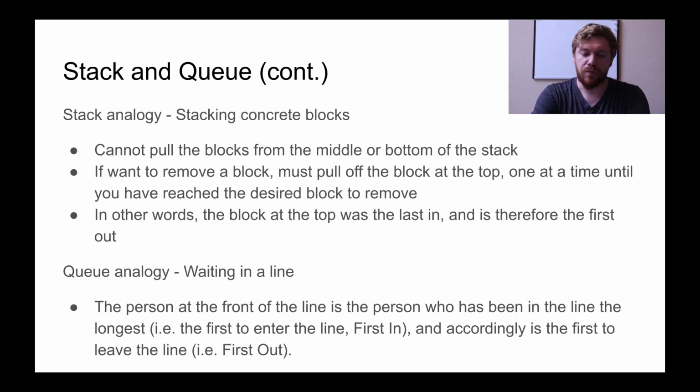So if you want to remove a block, you must pull off the block at the top one at a time until you have reached the desired block to remove. In other words, the block at the top was the last one in and is therefore going to be the first one out.